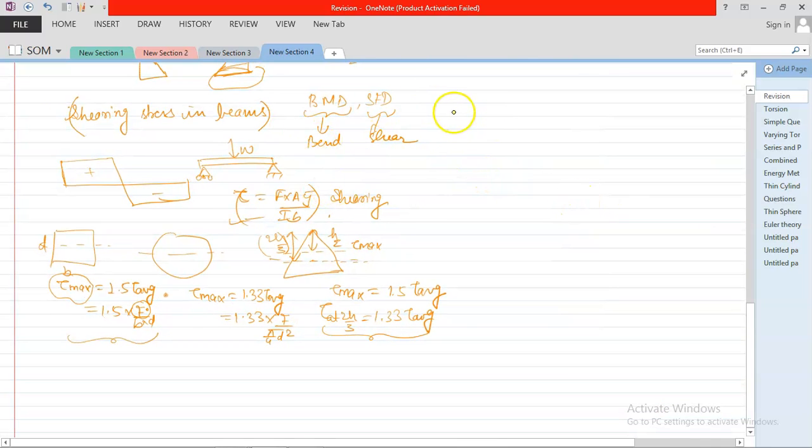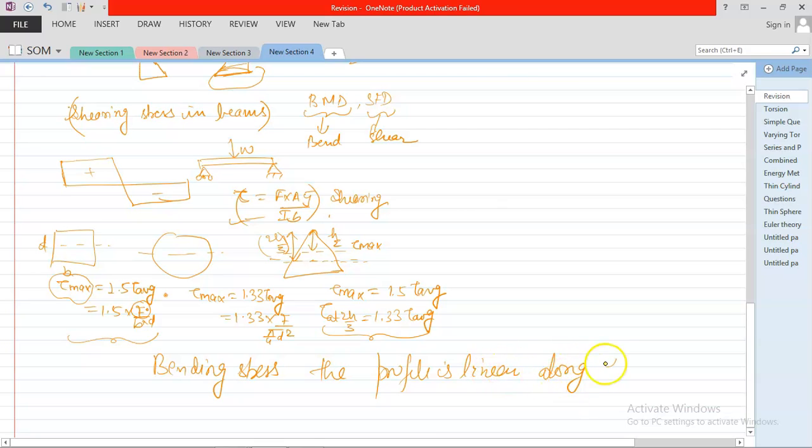And also, what is the profile? As I discussed in bending stress, it is linear along the y direction of the cross section. But for shearing stress the profile is parabolic.